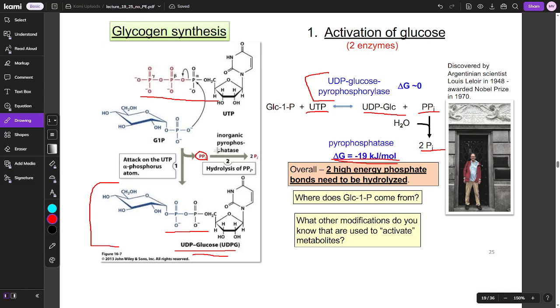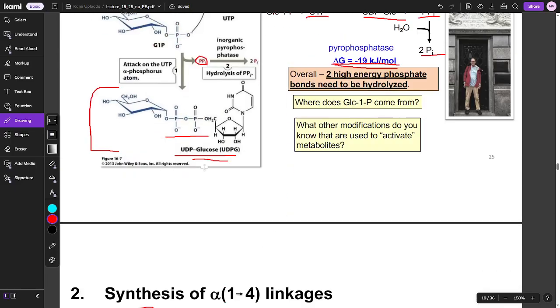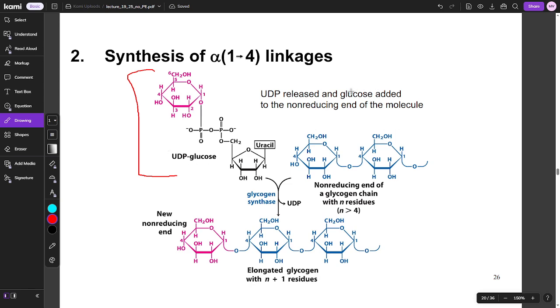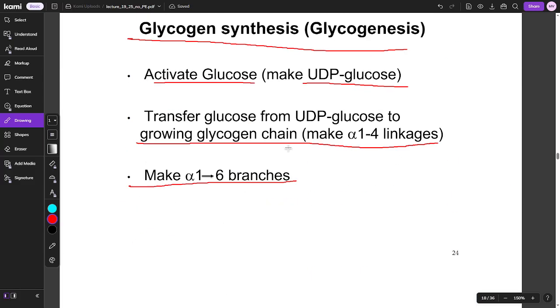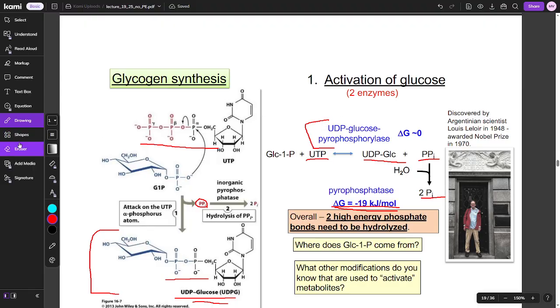It does talk about pyrophosphatase. I thought they did mention this up here. Did they not mention it? Okay, here we go. Yeah, they did. For some reason I forgot about this.